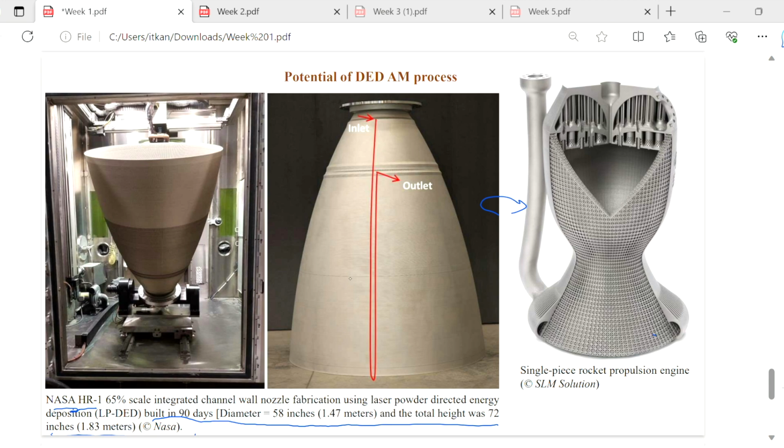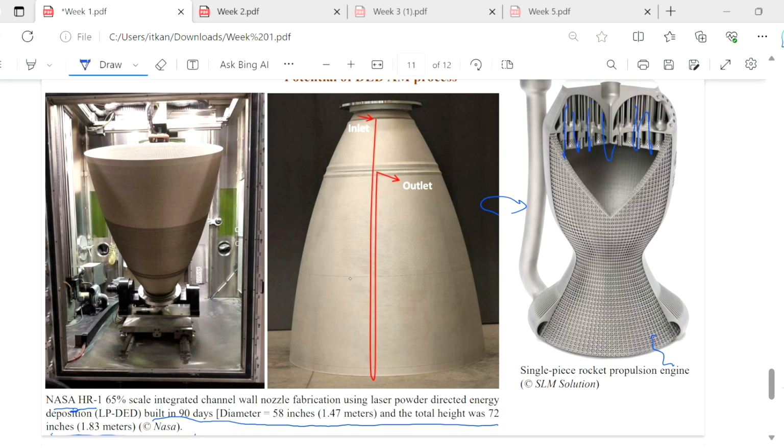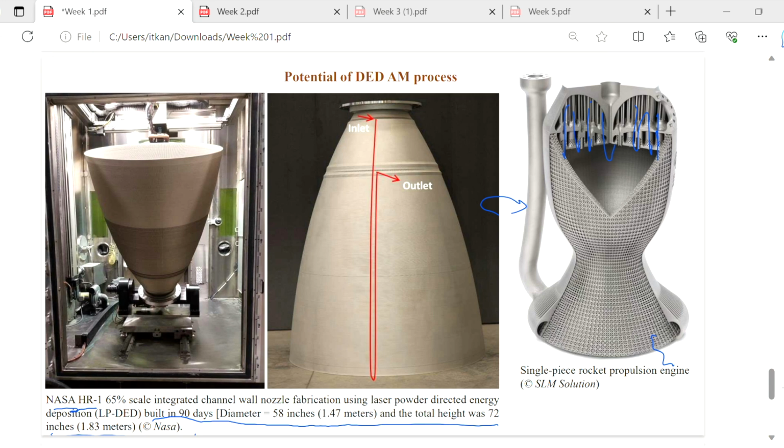These cooling channels had to be printed using the additive manufacturing process. Manufacturing this type of component with traditional processes is difficult, and it will not be as accurate as with the additive manufacturing process.